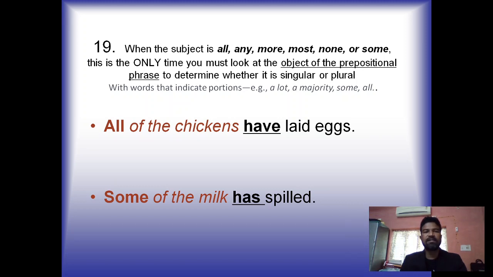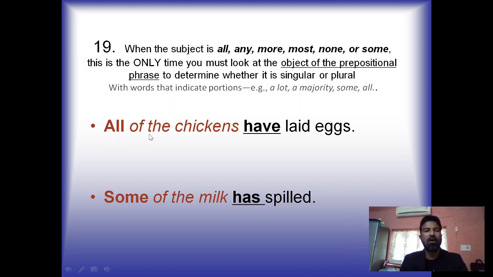This is with words that indicate portions, a lot, a majority, some, all. Let me read this rule once again so that you understand it clearly. When the subject is all, any, more, most, none or some, this is the only time you must look at the object of the prepositional phrase.